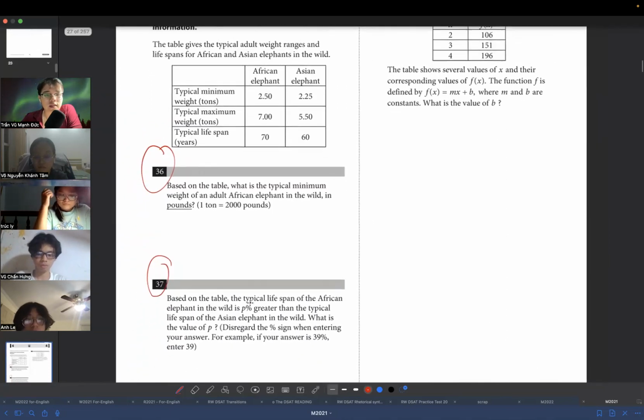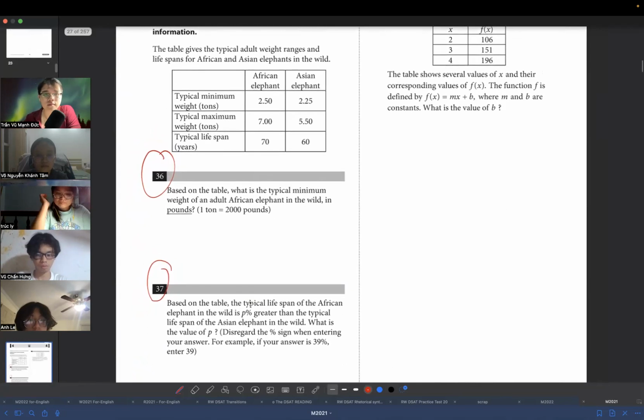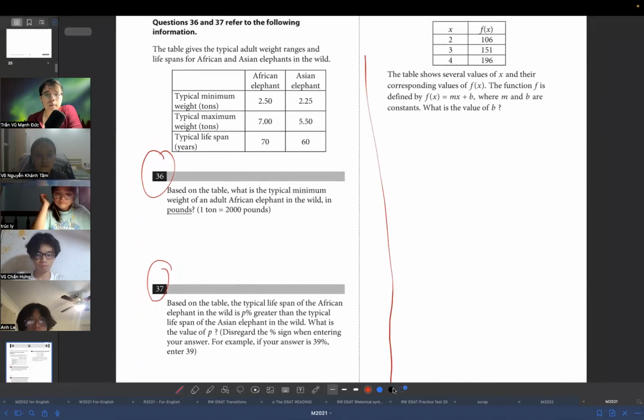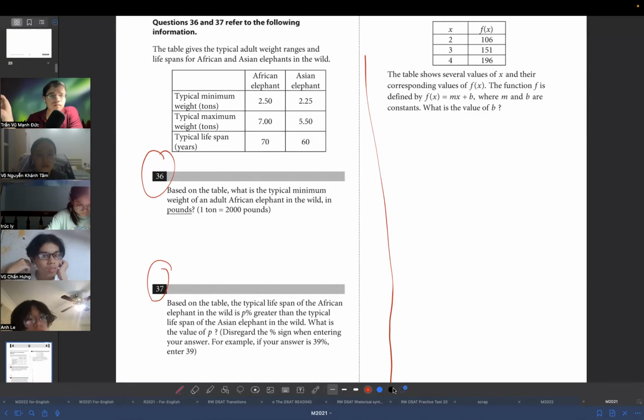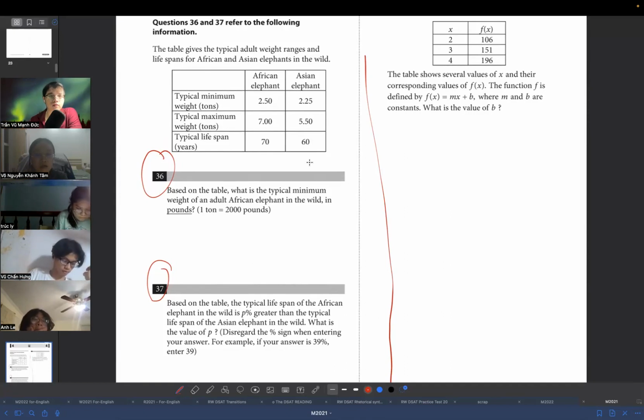Right, 36 and 37, you do it also. 36 is 5,000. Exactly, 5,000.